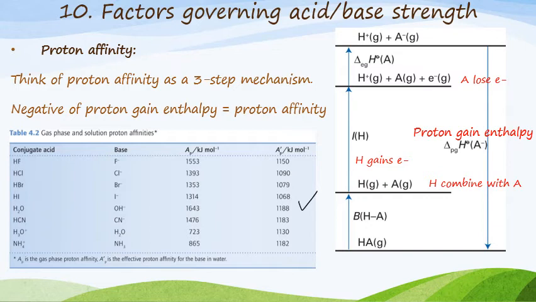So proton affinity is like electron affinity. It just means how much energy is required for the material to gain a proton. In this case, you can see the table given for the various conjugate acids and bases that are present.